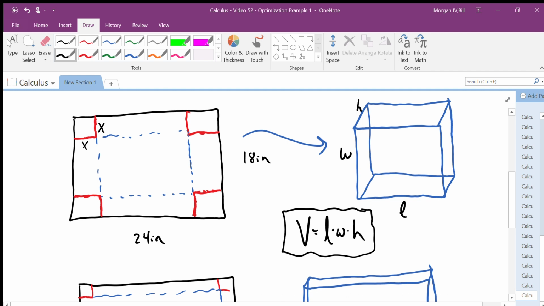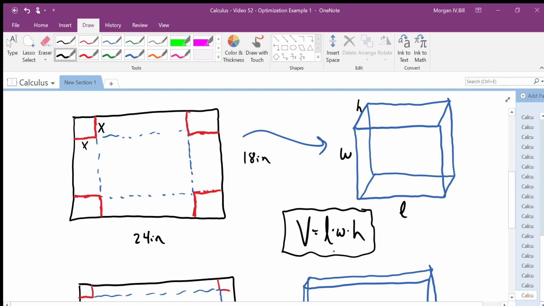The width of the box will change depending on the size x that you cut out, and the height of the box will change depending on the size x that you cut out. Therefore, all of those really are variables. The idea here is actually not that we write volume in terms of length or width or height, but we're going to go all the way back to x. We're going to write everything in terms of x over here.